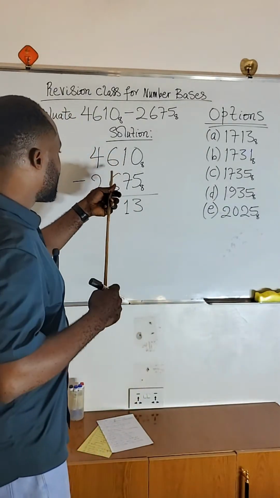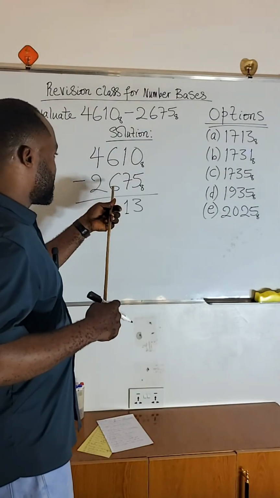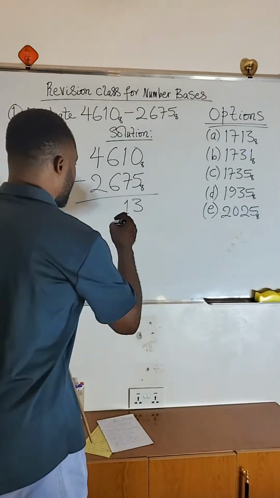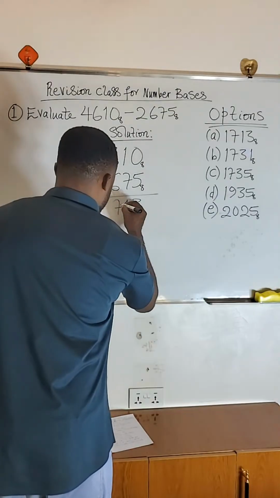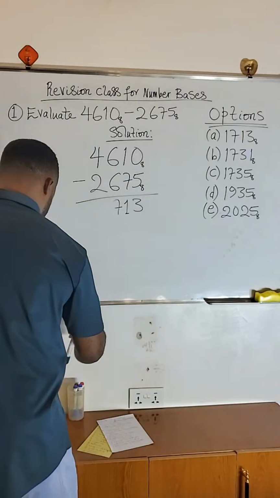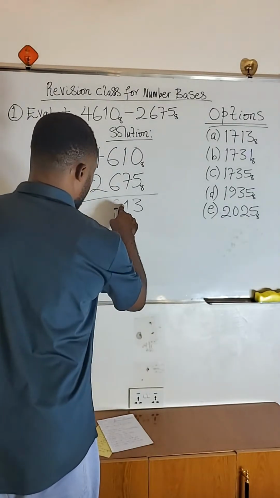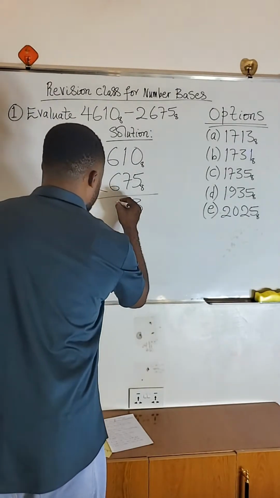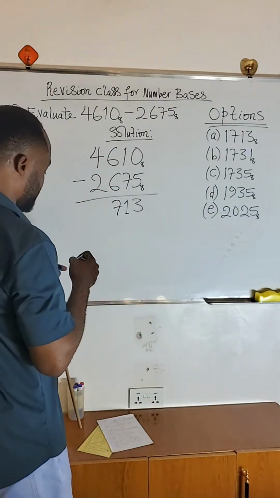And so 13 minus 6 is going to be what? 7. Okay. So 13 minus 6 will be 7.